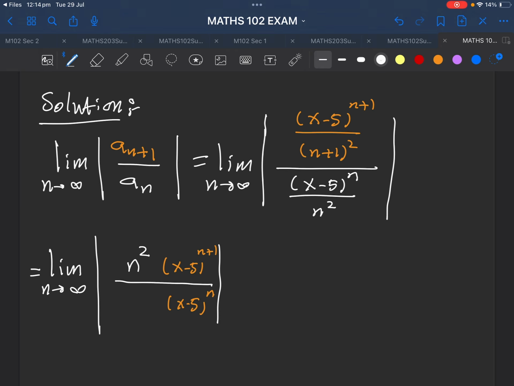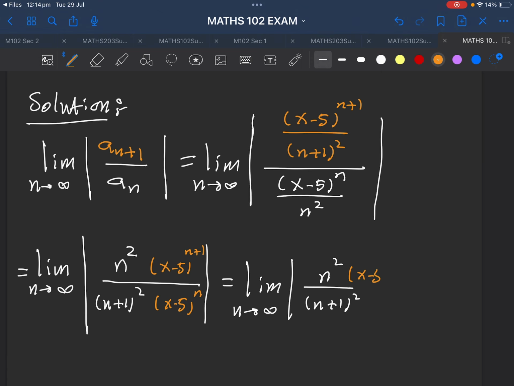Now, what we have next is n squared, and here we have (n plus 1) squared. Of course, with the cancellation of (x minus 5) to the power of n, what we get is n squared over (n plus 1) squared, and then we have x minus 5 in the top.